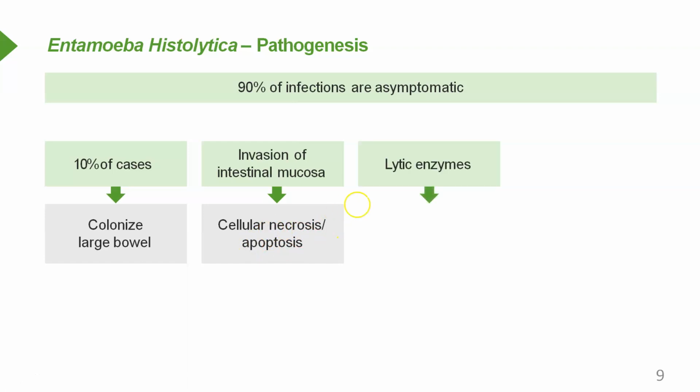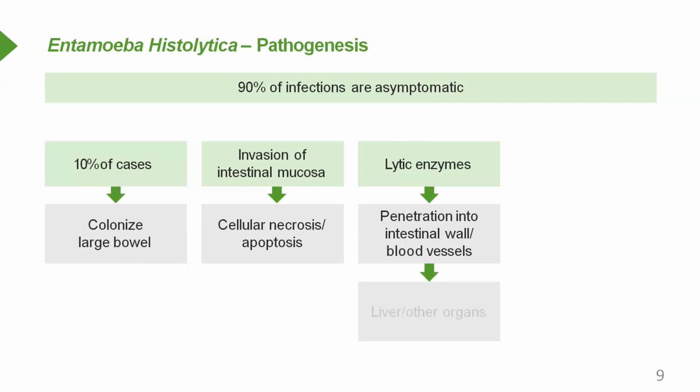Then enzymes play a role, whether proteinase enzymes or lytic enzymes, and it penetrates into the intestinal wall and can cause hematogenous spread. When it penetrates the intestinal wall or blood vessels, a rupture takes place, so we can see bloody diarrhea and those symptoms, and it invades the liver or other adjacent organs.